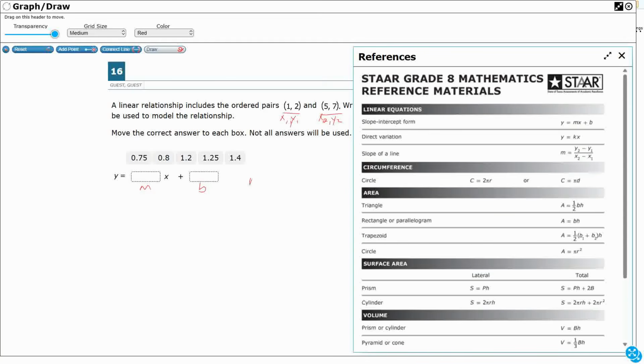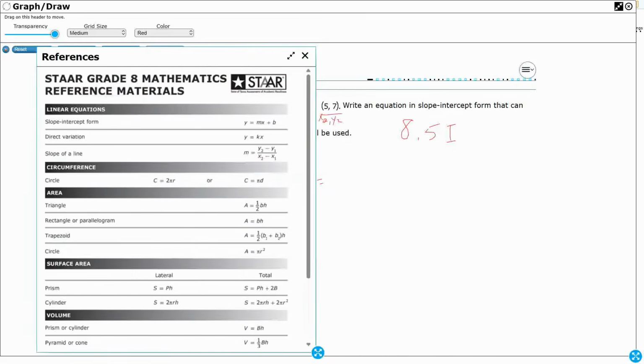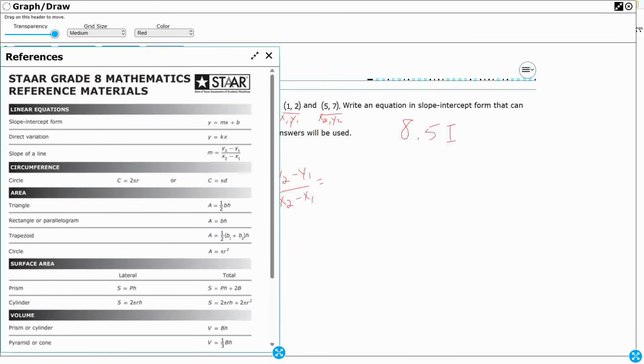So it's m equals y sub 2 minus y sub 1 over x sub 2 minus x sub 1. So that means we are going to have our y sub 2 is 7, y sub 1 is 2, x sub 2 is 5, x sub 1 is 1.